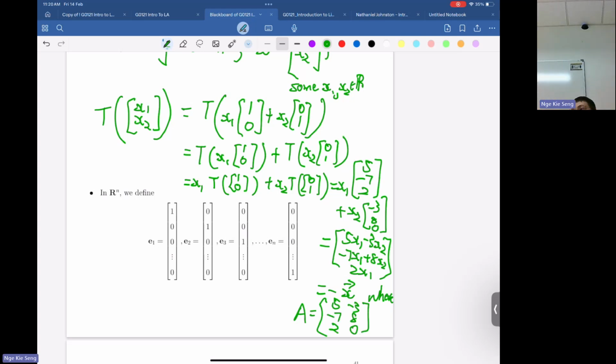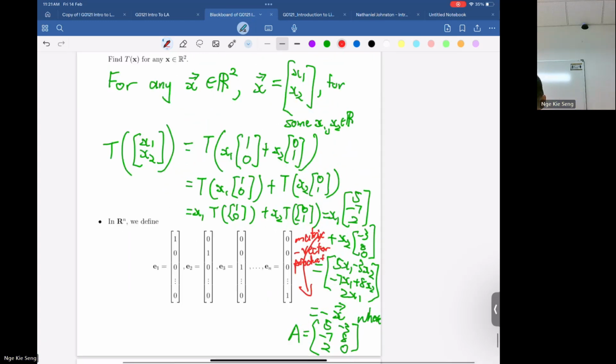This is the matrix-vector product that we talked about last time. So this part here is the matrix. The solution can stop here.